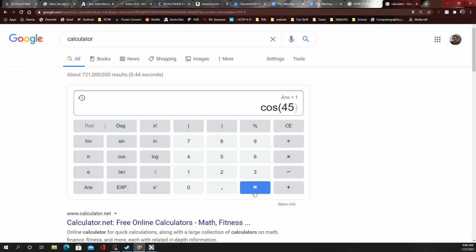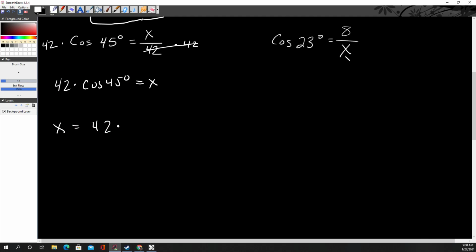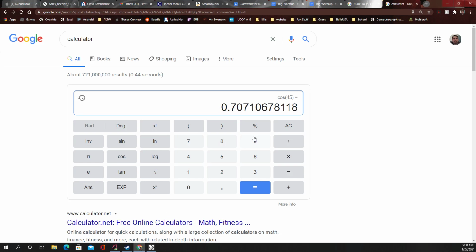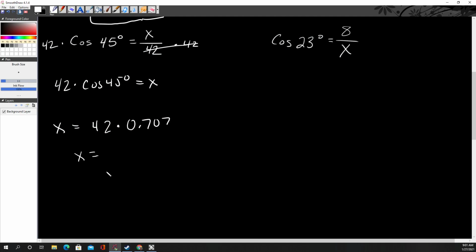Cosine of 45 is 0.707. So these two are multiplied, and x is equal to about 29.6. I'll just say 29.7, because these two are very high numbers right here. So I'm going to round this to 29.7.